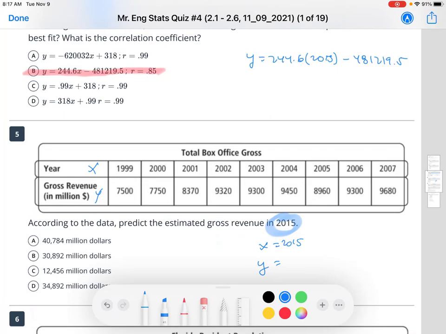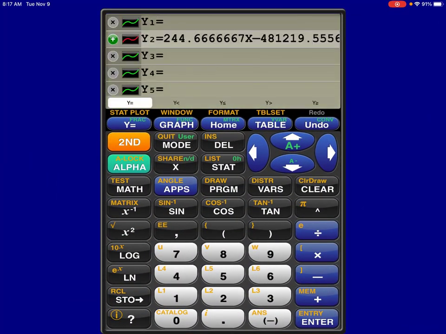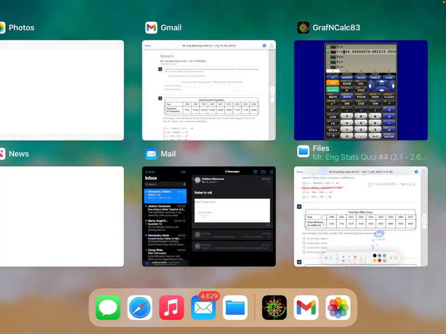Uh-oh, something went wrong. 244 minus 481 times 2015.